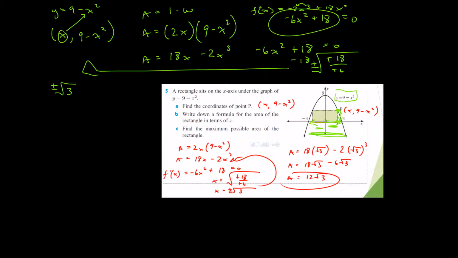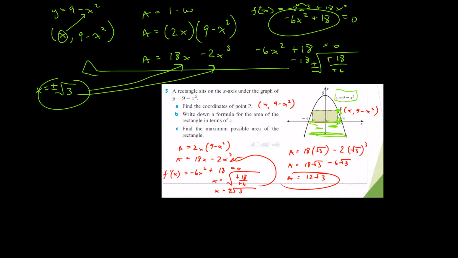Again, this is not our maximum value. All this is x, the value of x at which this occurs. So let's plug this back in and see what we come out with. We're going to plug this in for the area as our value of x.